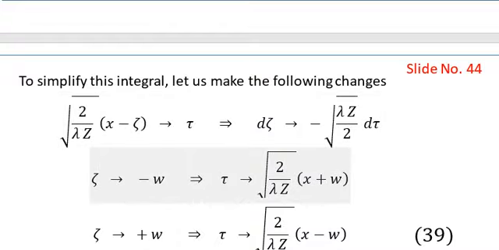When zeta is equal to minus w, tau will be equal to square root of 2 over lambda z, and then x plus w multiplied to it. And if zeta goes to plus w, then tau will take the value of the square root of 2 over lambda z multiplied by x minus w.